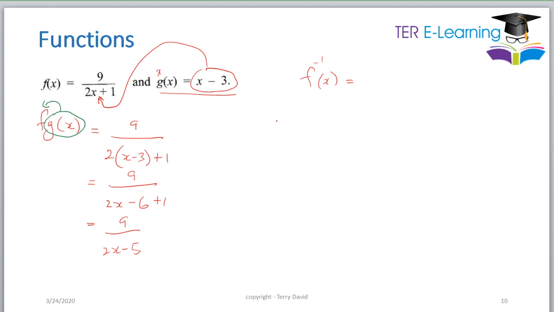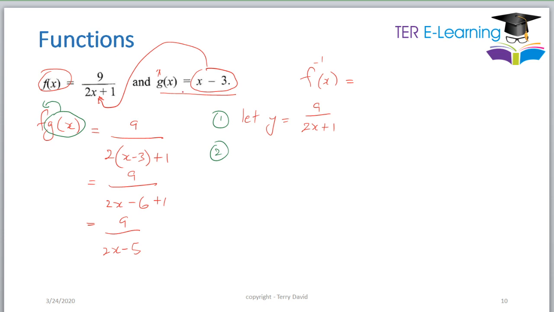So let's check this out. This is the function here. This is f of x, and I want to find the inverse of that. So my first step, remember we need to follow these steps. First step is to let y equal to 9 over 2x plus 1. Then we have a second step. Second step is to interchange x and y.